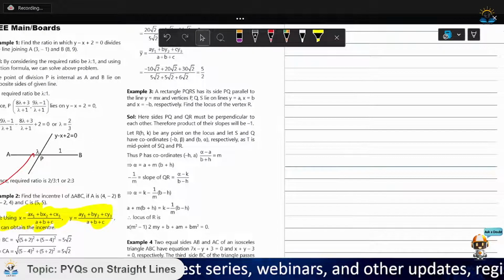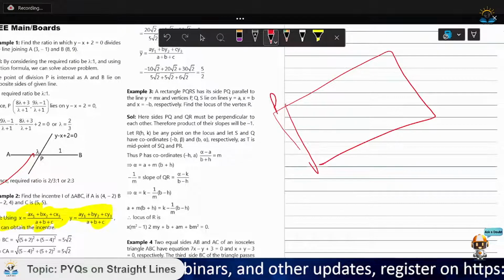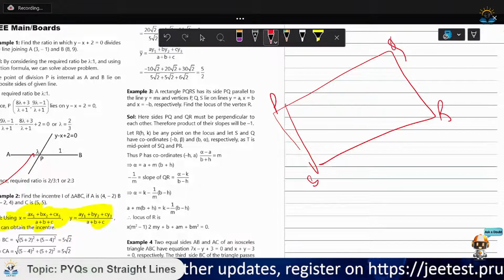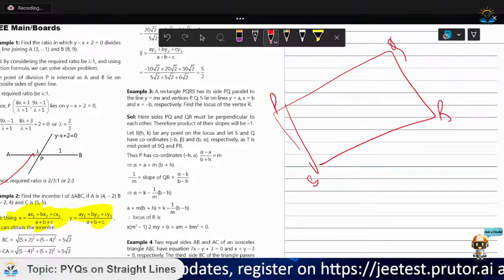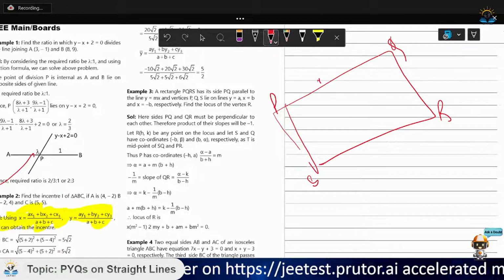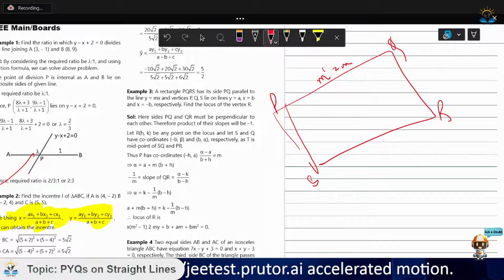So let us draw a rectangle. This is my rectangle PQRS. We know the slope of this side is m, right?